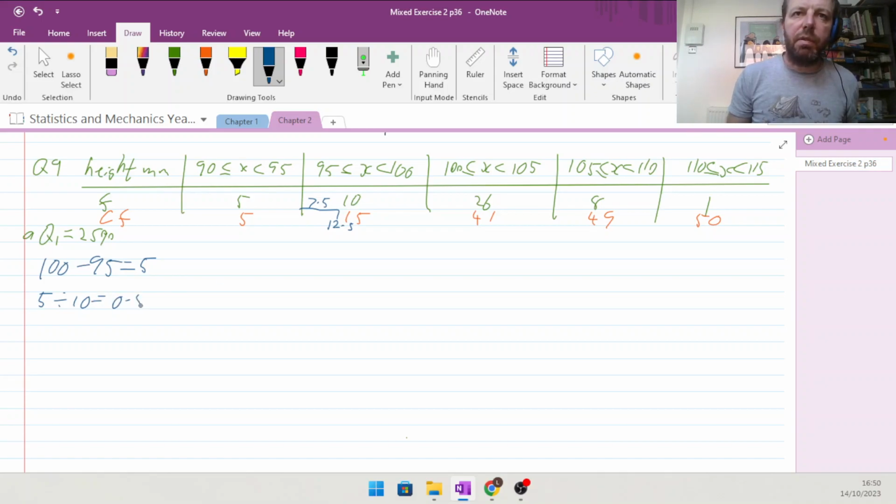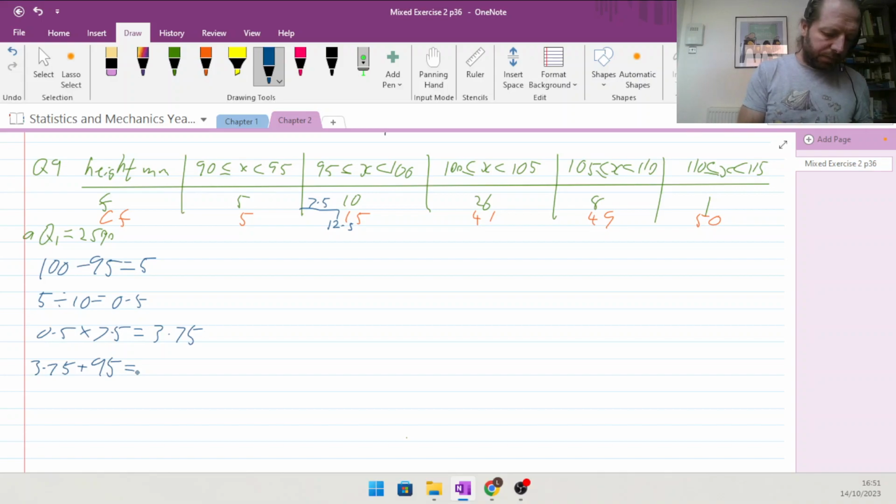So that's 0.5, and then we take the 7.5 people, 7.5 times 0.5, so 3.75, added onto the start, which is the 95.